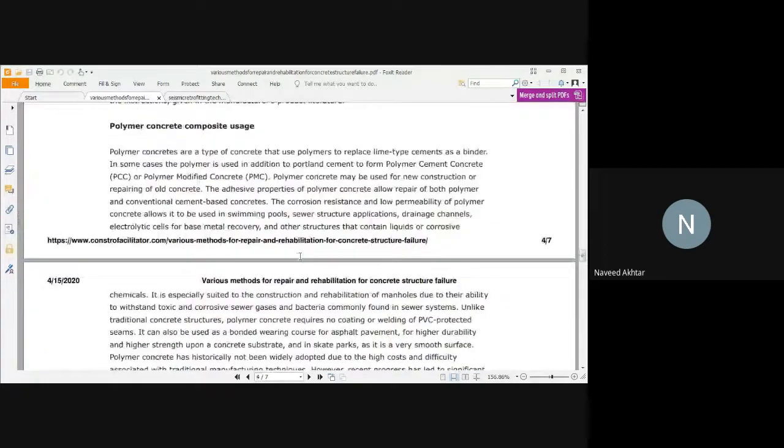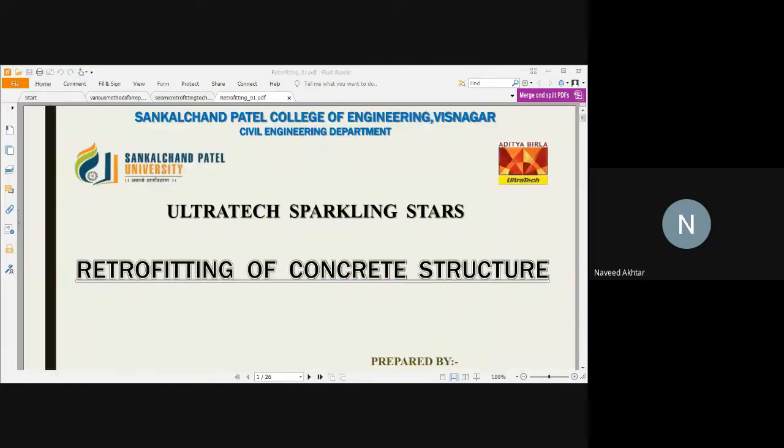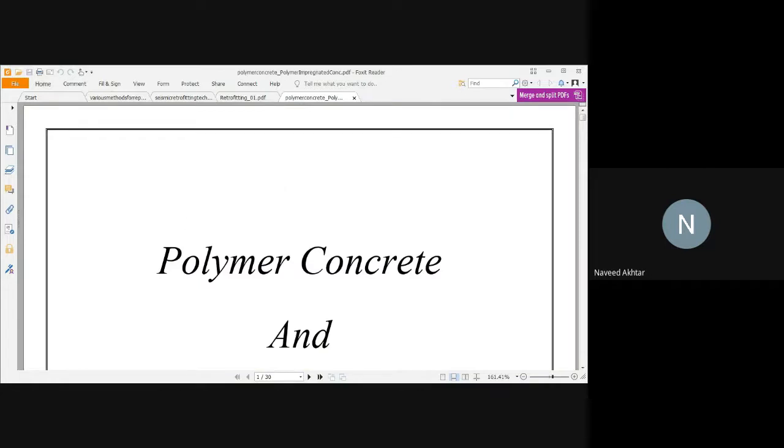There are also other types. There is polymer concrete composite usage, and polymer concrete is a type of concrete that uses polymers to replace lime type cement as a binder. And in the previous classes we have already discussed geopolymer concrete.